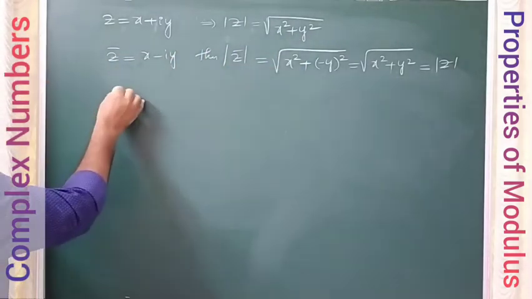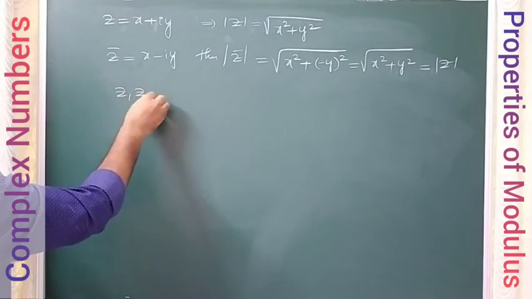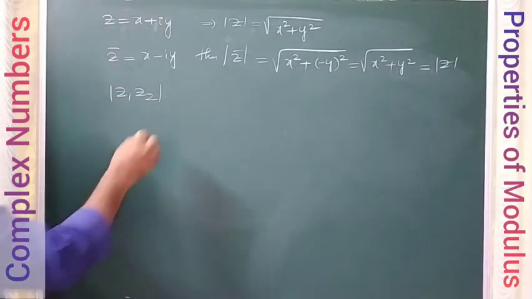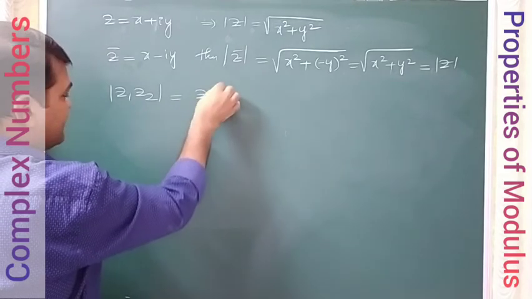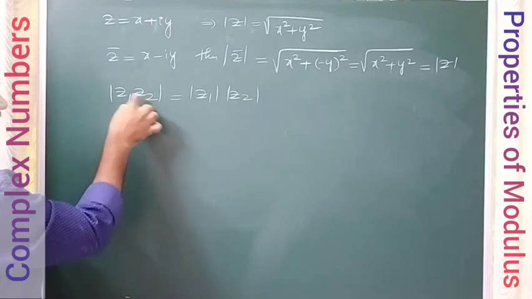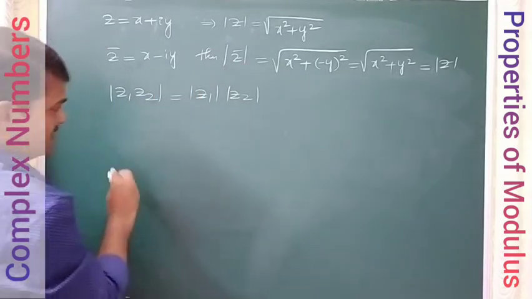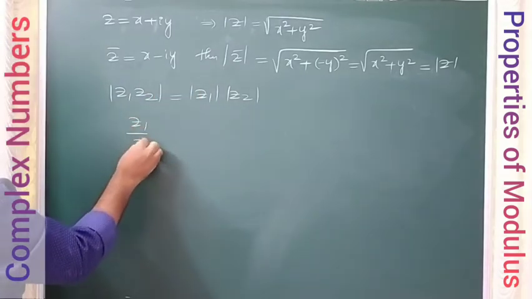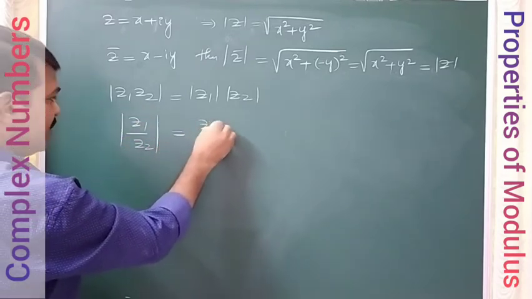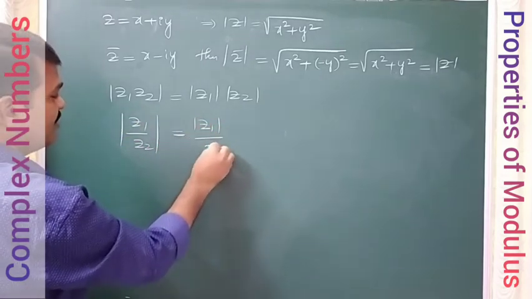Okay, and if you have a product of two complex numbers in modulus, you can separate the modulus for both of them. When you have a ratio of two complex numbers, then also you can separate the modulus.